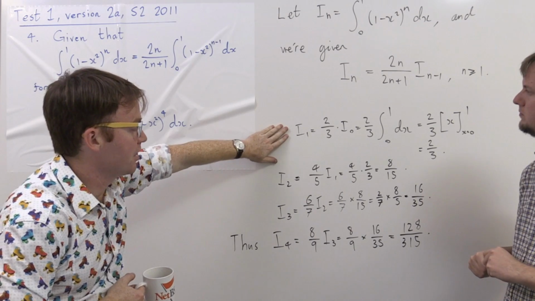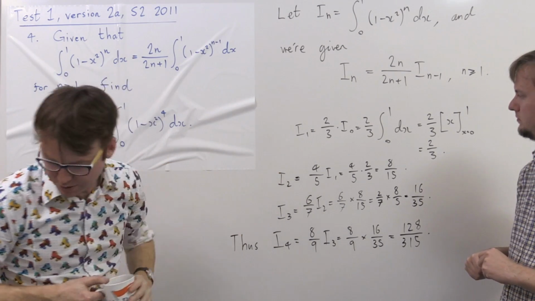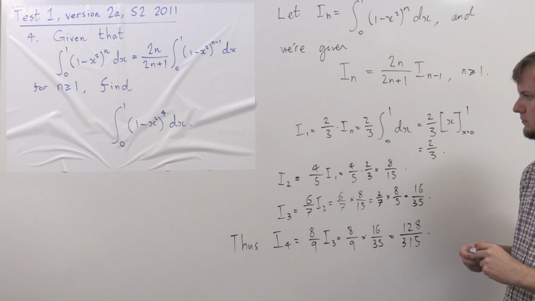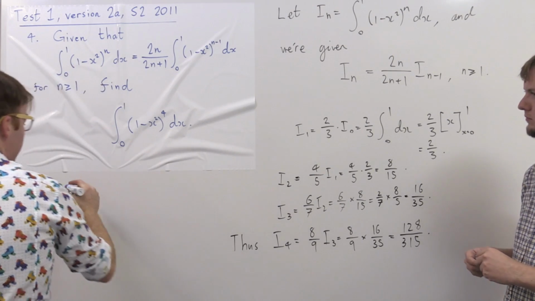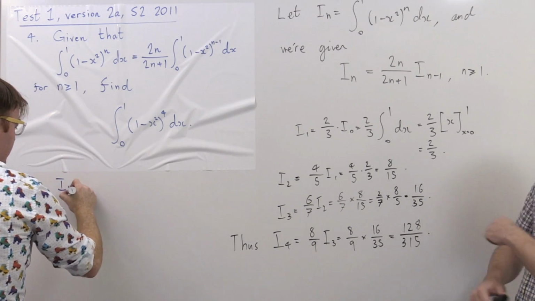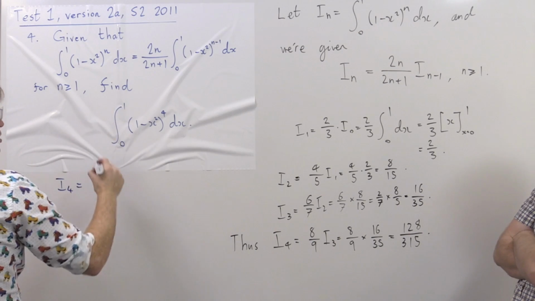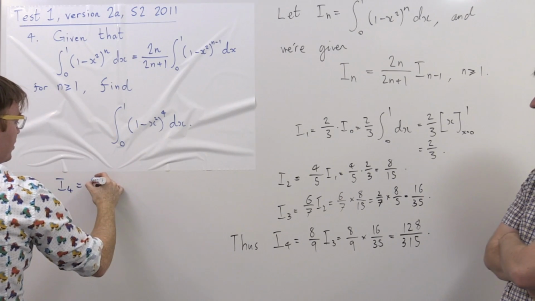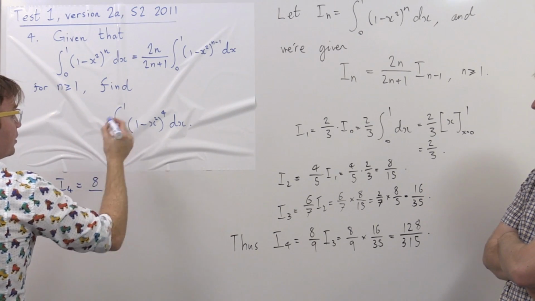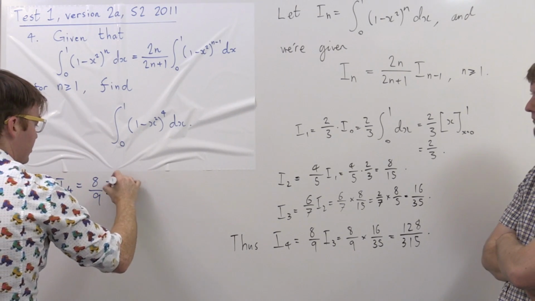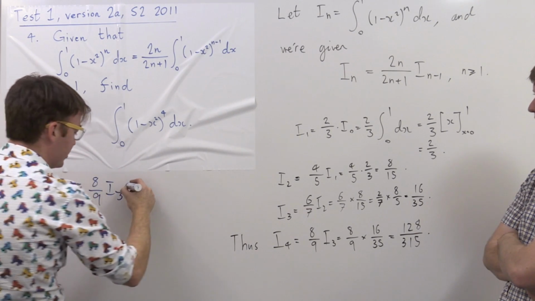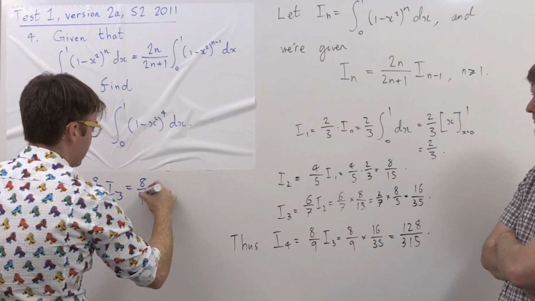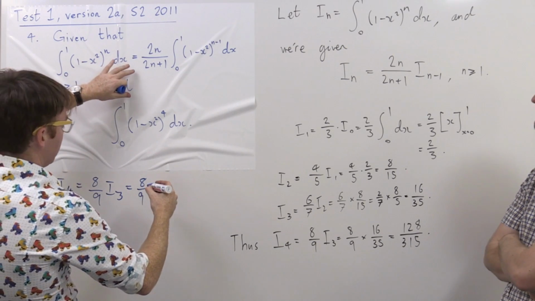I like using the recurrence relation in this way. I've seen examples of people who like to do it this way. So they're given I4, and then they just start using the recurrence relation. They write that as 8/9 times I3, but they don't know what I3 is, so you have to write that as 8/9 times, and then use the recurrence relation again.